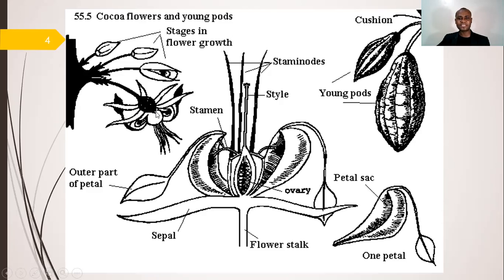If fertilization is effective, then it grows to become a small pod, and then grows to become a big pod. So these are the stages. Later on, in another diagram, I will explain it in a little more detail. These are the stages in the flowering all the way to pod formation.